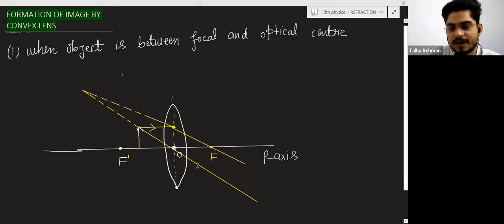These rays are diverging. So in reality this ray and this ray will never meet.